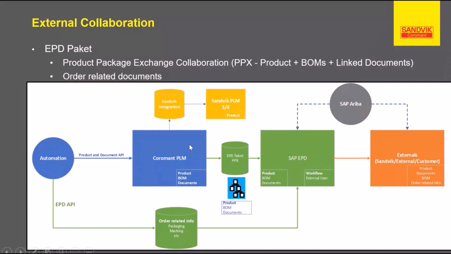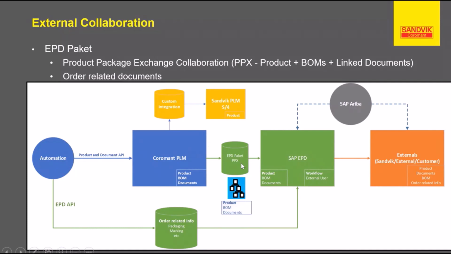So what we are seeing is that when we have any collaboration with the externals, we use something called the EPD packet, which is a PPX, product package exchange. And here you can export the product, the bill of material, and the linked documents. It comes as a standard offering where you can just say which material you would like to export to EPD.